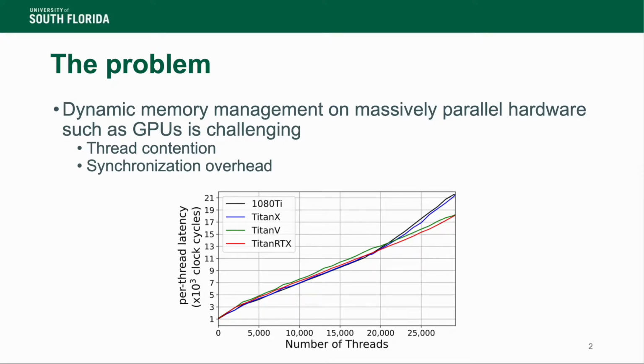Dynamic memory allocators face challenges such as thread contention and synchronization overhead. Multiple studies have proposed solutions to address these challenges. Similar to traditional memory allocators, such solutions utilize a shared data structure to keep track of available memory units.